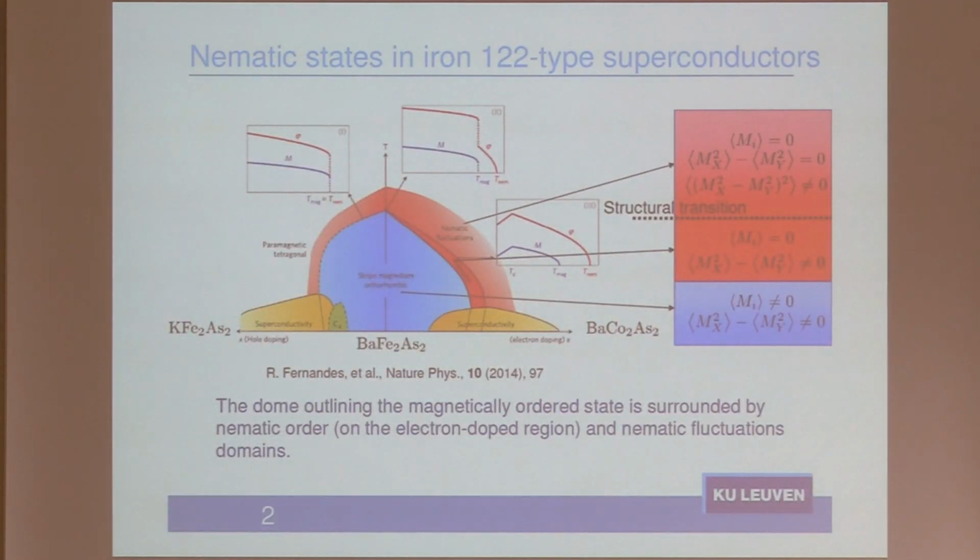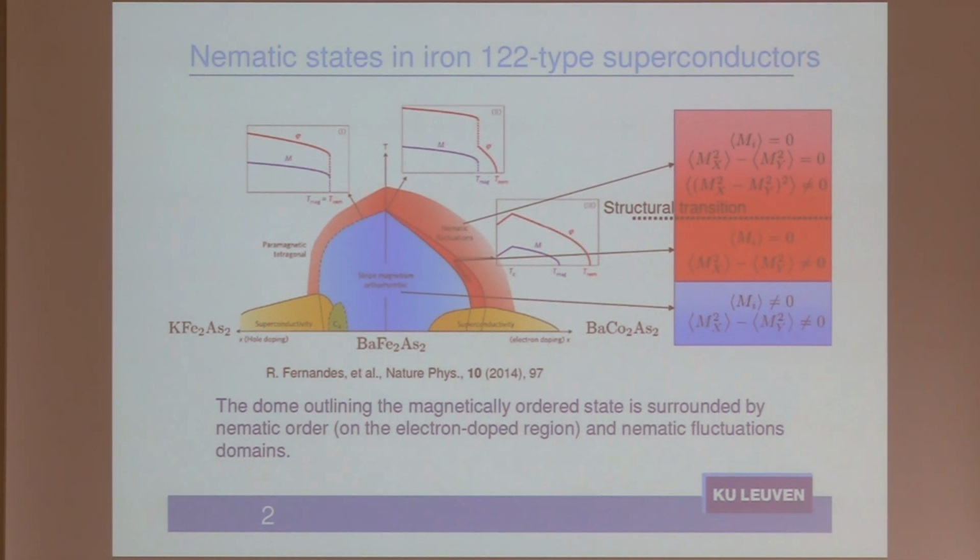Let me begin by reminding you about the phase diagram for 122 superconductors. In the center is a barium compound. If you start to dope with potassium, which is monovalent, while barium is bivalent, we actually add holes in the iron arsenic plane.